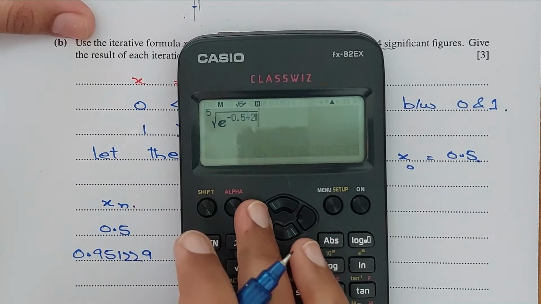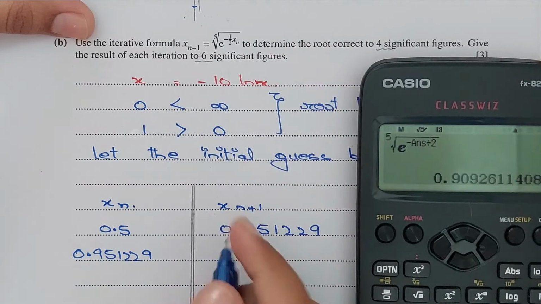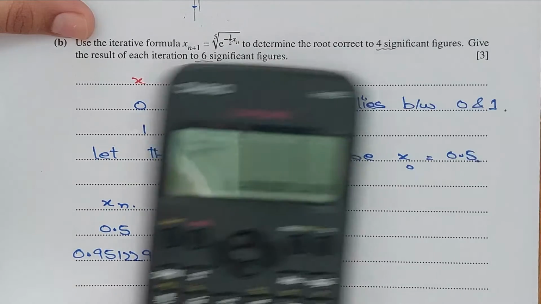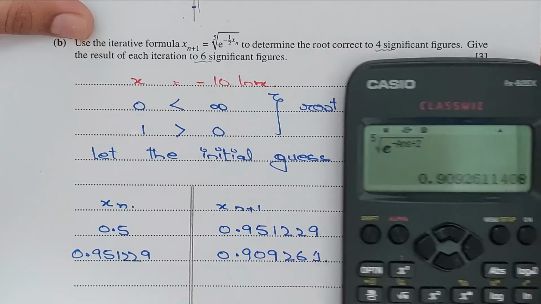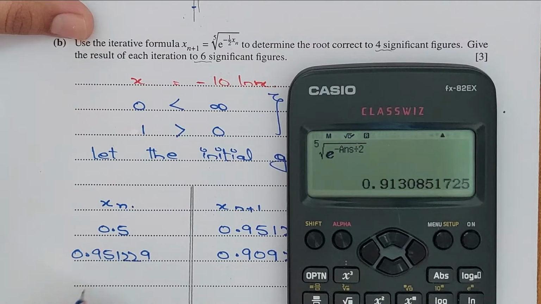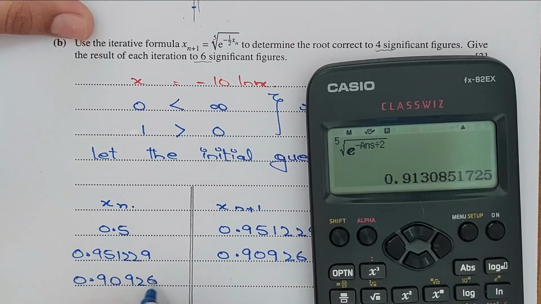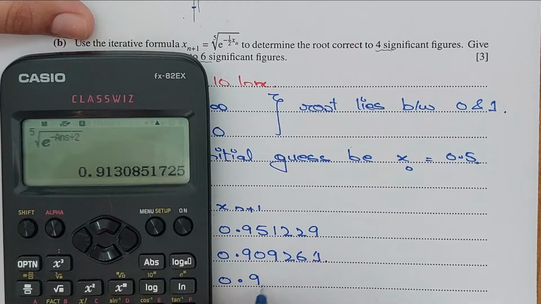Let me substitute this value here. The answer we have is 0.909261, right? And then substituting the answer 0.909261, we have 0.913085.